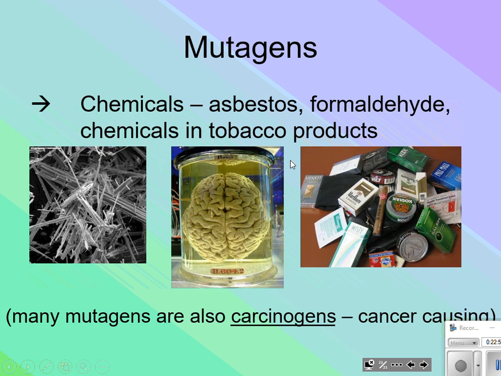Many of these mutagens are what we call carcinogens. I'm sure we've probably heard of a carcinogen, haven't we? A carcinogen is just something that is cancer-causing. Okay? Let's use this example. Could someone get lung cancer from smoking cigarettes?